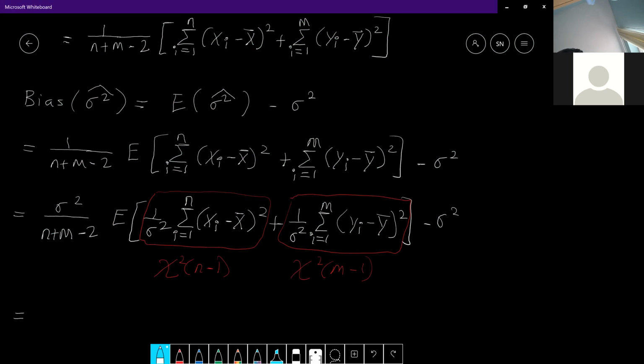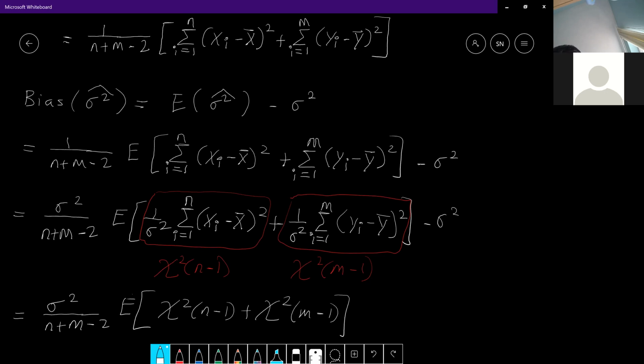So what you have is that this is equal to sigma squared plus, in brackets, n plus m minus 2, times the expectation of this.